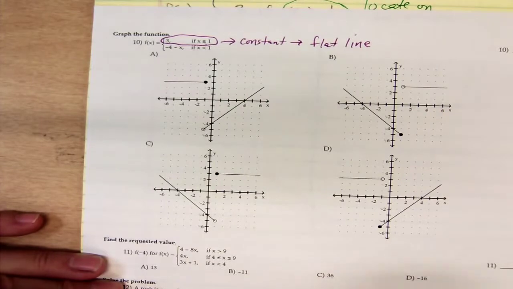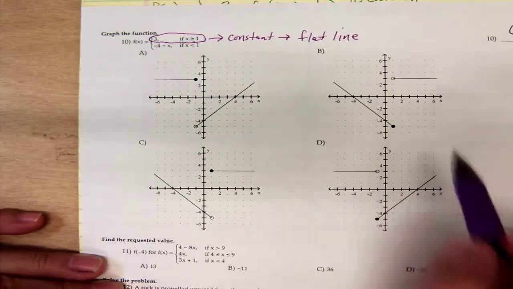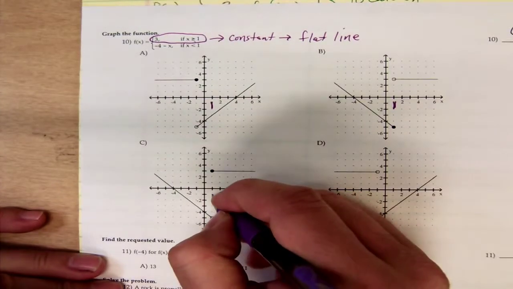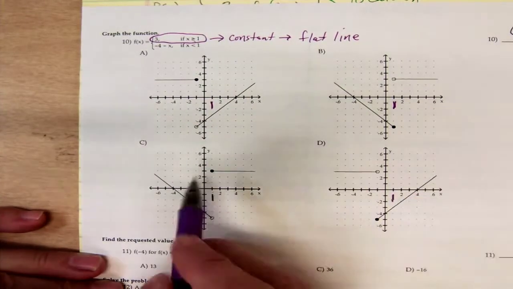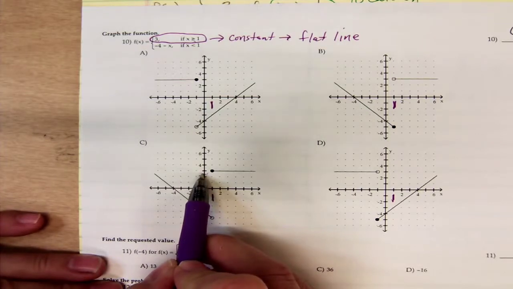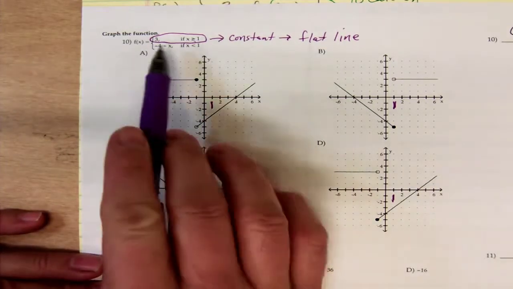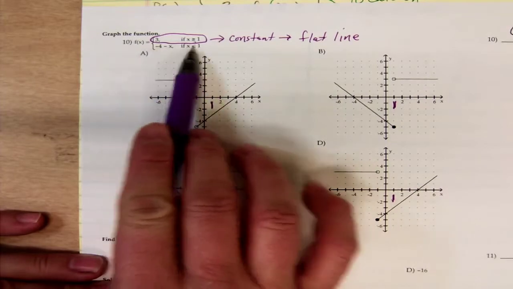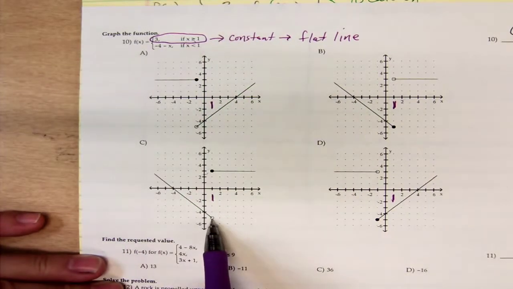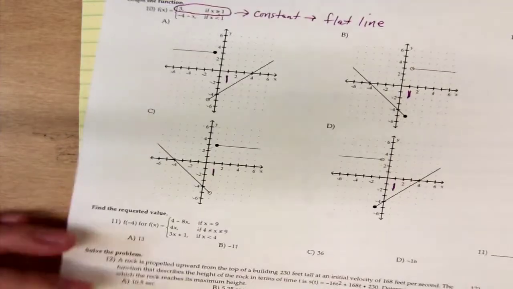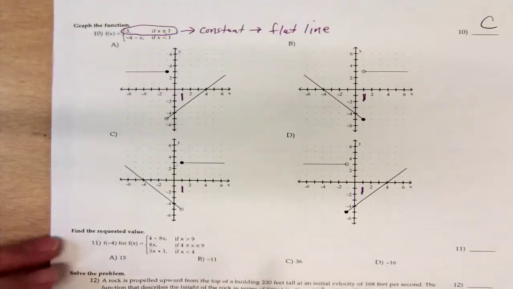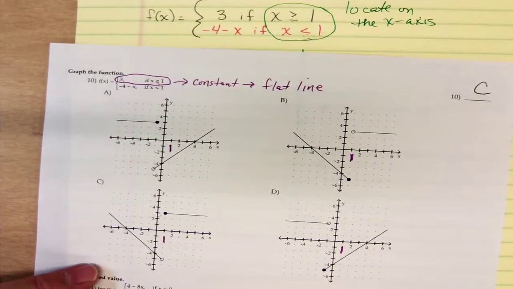Which one has a flat line to the right of the number 1 on the x-axis with a closed circle? Only this one. The other one is a slanted line, and it should have an open circle there. So the answer is C.